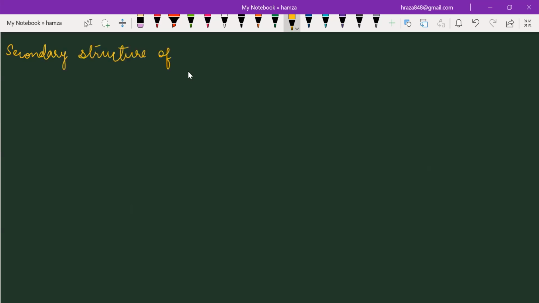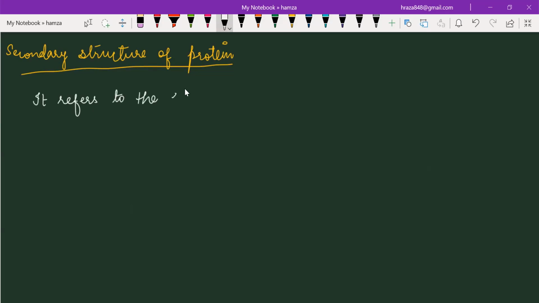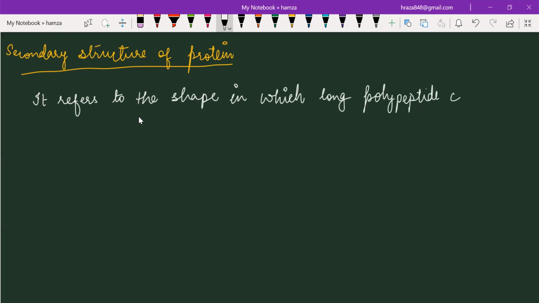Basically, it refers to the shape in which a long polypeptide can exist. And basically, there are two types of secondary structure of protein.